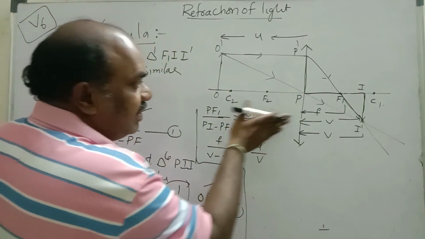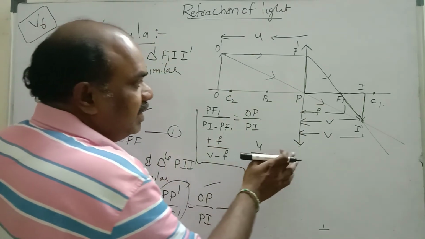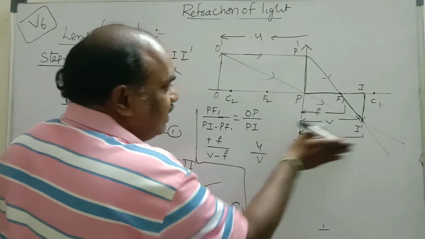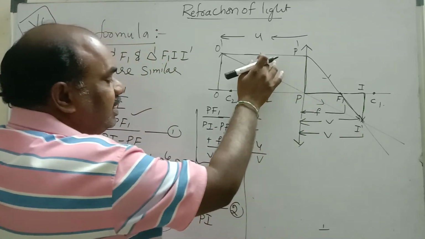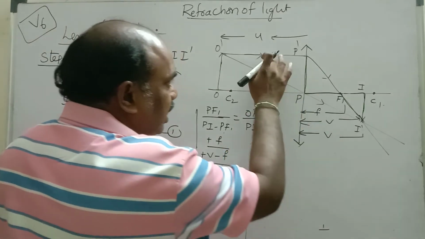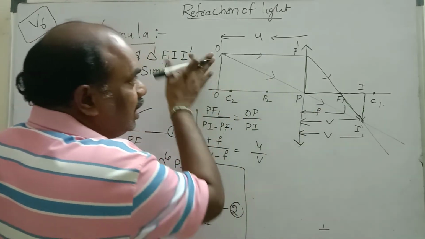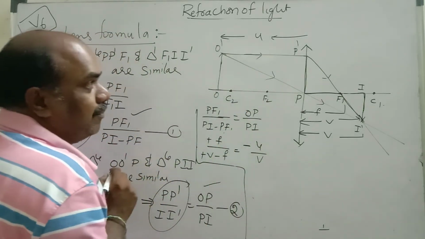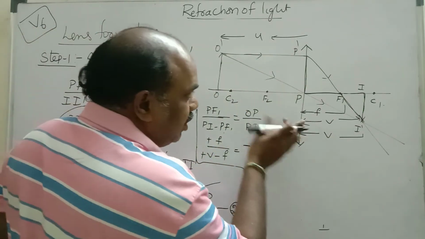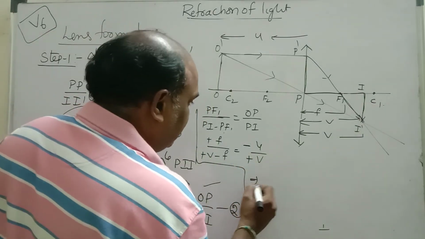Focal length, measuring from pole, compare with the parallel incident ray, focal length is positive. Image distance, pole to image, measuring from pole and compare with the incident ray, V is positive. Object distance, measuring from pole, compare with the incident ray, U is negative. Now cross multiply.